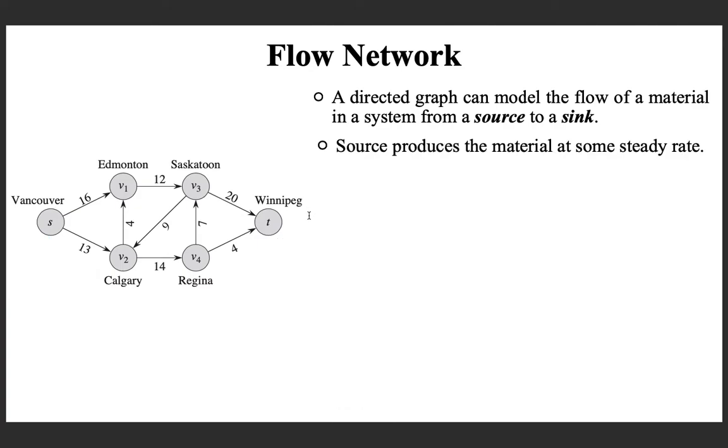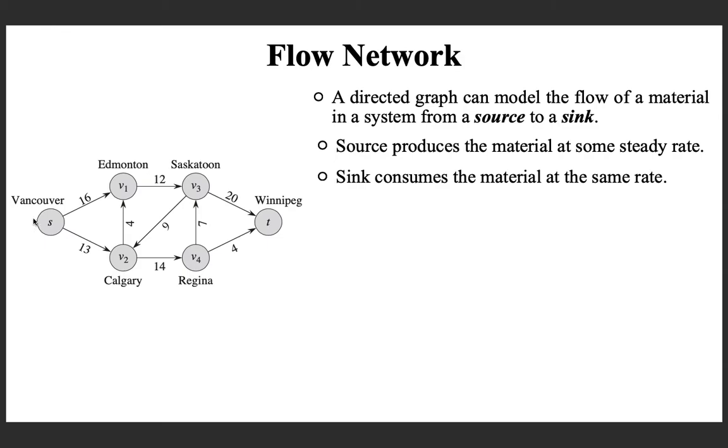Source produces the material at some steady rate, maybe 20 boxes per day. Assume that in a day only one trip is there, and sink consumes the material at the same rate. That is a property that we need for every flow network that we are going to discuss.